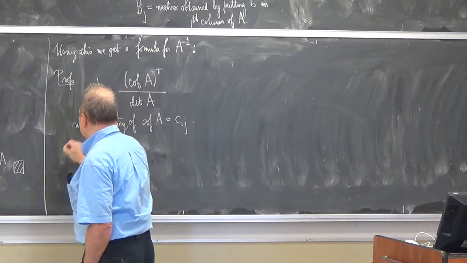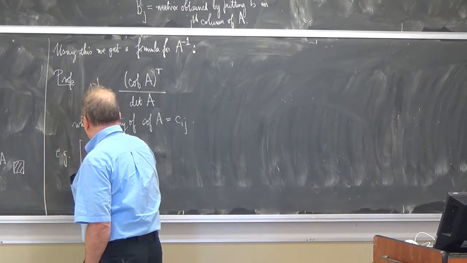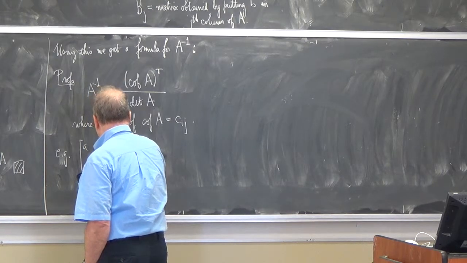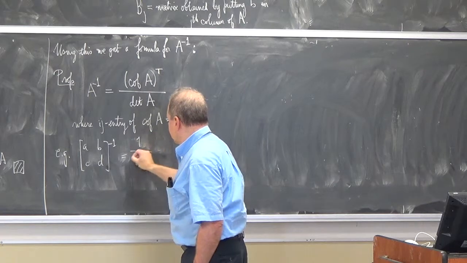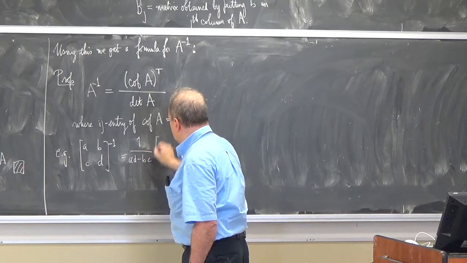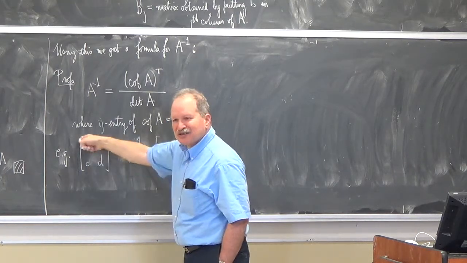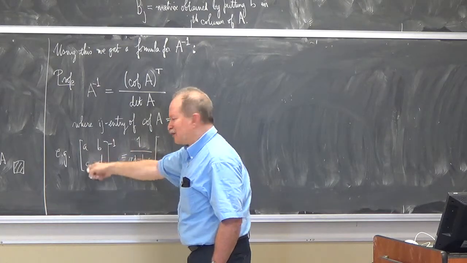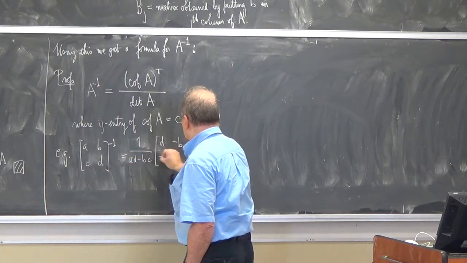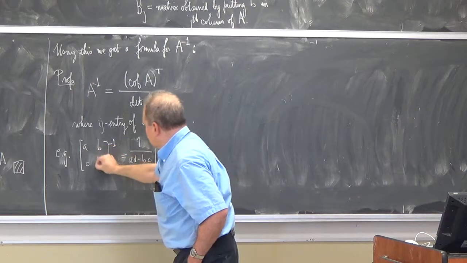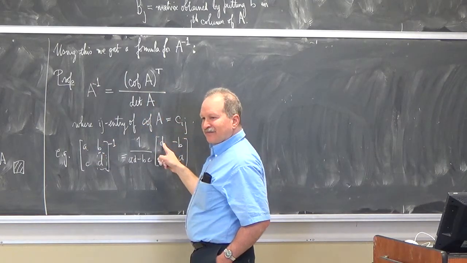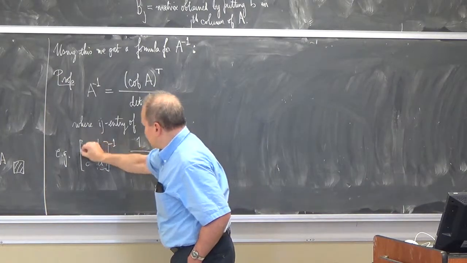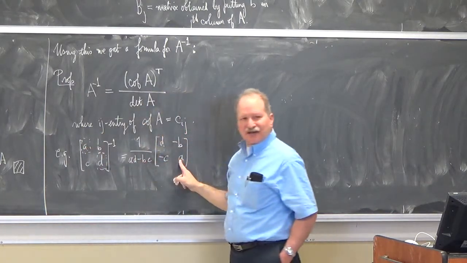Notice that it does give what we did for 2 by 2s. What did we say for 2 by 2s? 1 over the determinant. And then what did we do? We swapped those and put negatives on those. Well, this is the cofactor of the 1, 1 slot. This is the cofactor of the 2, 2 slot.